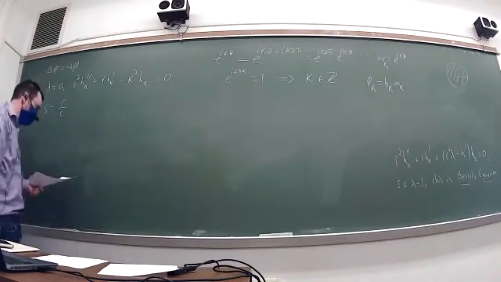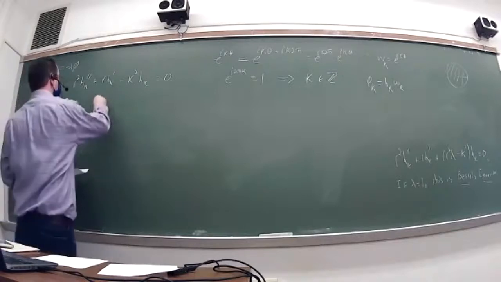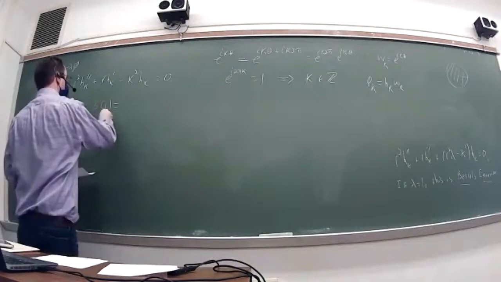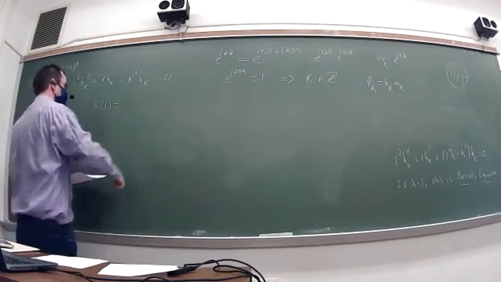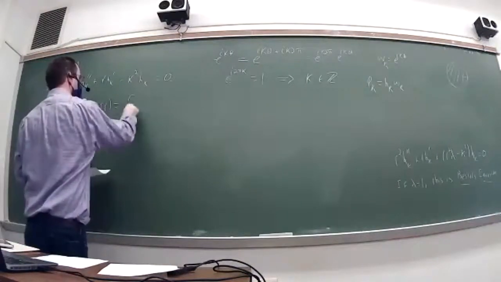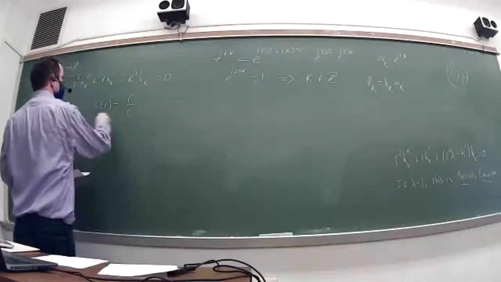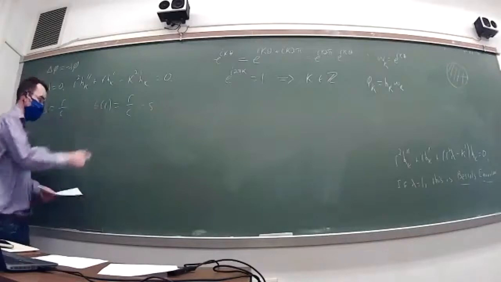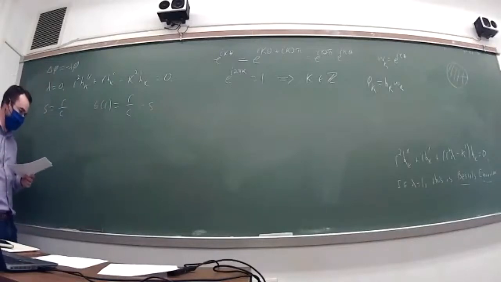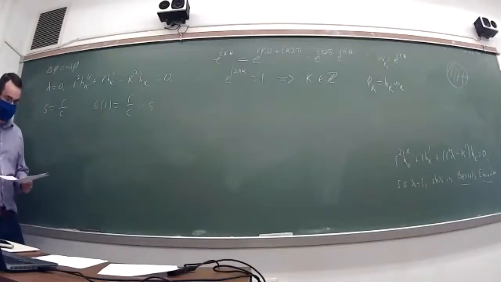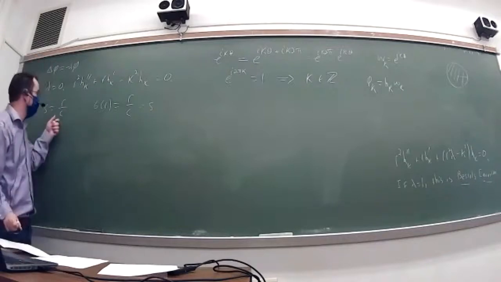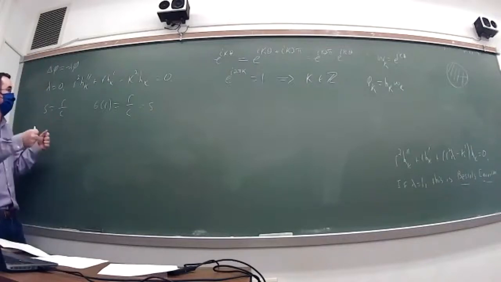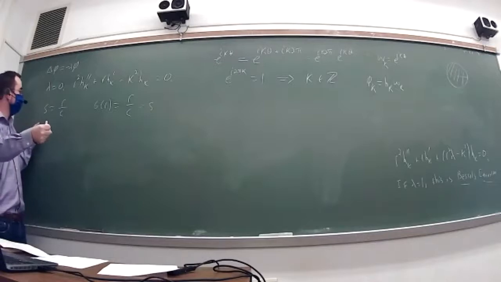The more formal way to write this coordinate change is to say, let's take the change from r coordinates to s coordinates, call it g of r, and that's r over c. So that's what we're calling s. This function is the coordinate change. How should you conceptualize this? Well, if c is bigger than 1, then what happens? Think of c as like 100.